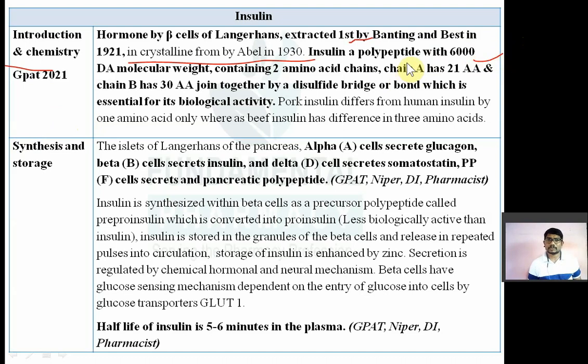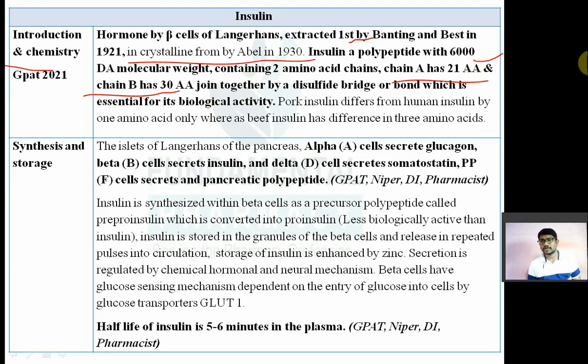It is made up of two polypeptide chains, chain A and chain B. Chain A has 21 amino acids and chain B has 30 amino acids. 30 plus 21, 51 amino acids. So insulin is a 51 amino acid polypeptide with a molecular weight of 6000 dalton.